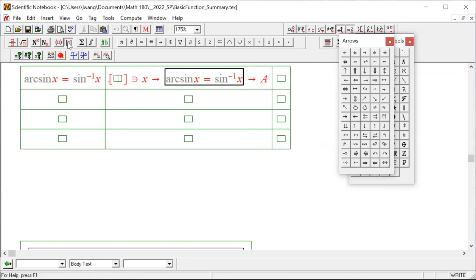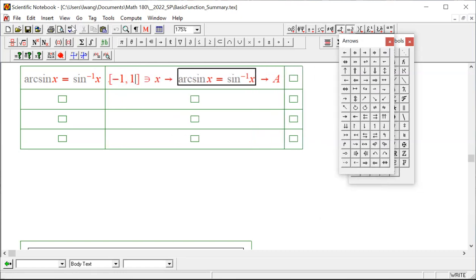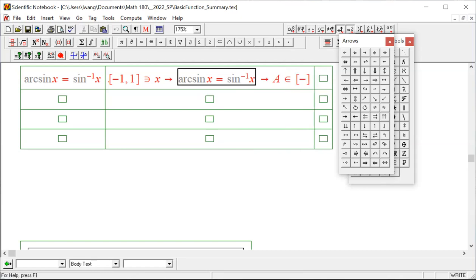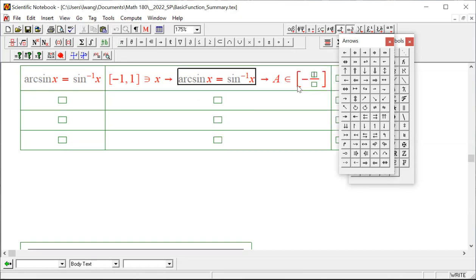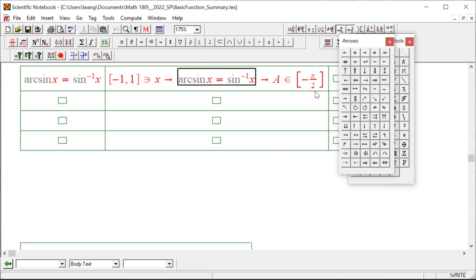So the domain is from -1 to 1, and the range is from -π/2 to π/2.